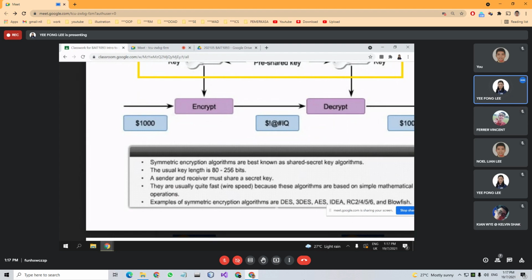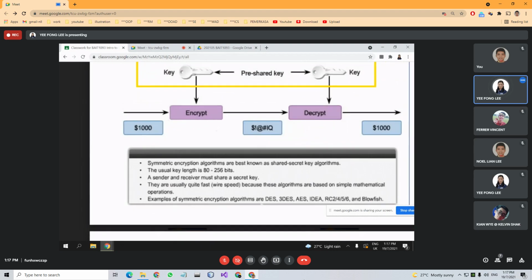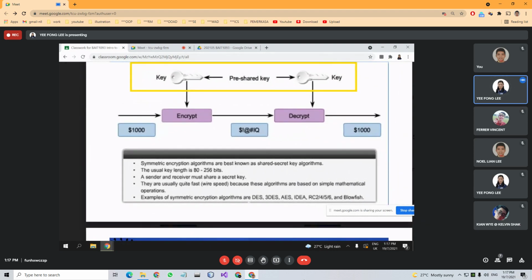1 bit long, 1 bit can only have 2 possible values, right? 0 and also 1, whether true or false, whether 1 or 0. If let's say 3 bits, 3 bits equals 2 to the power of 3, so we are going to have 8 possible values.